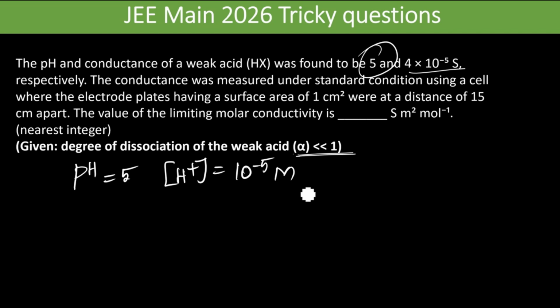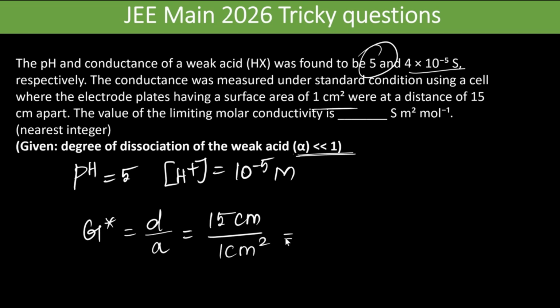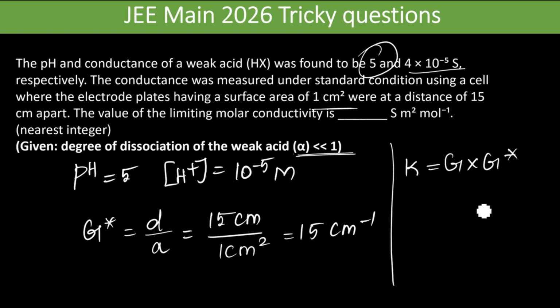So let's calculate the cell constant, that is G star, distance by area. Distance is 15 centimeter and the area is 1 centimeter square. So which will give you 15 centimeter inverse. Right? Next, conductivity kappa is equal to G into G star.